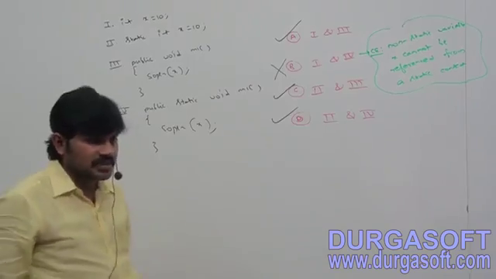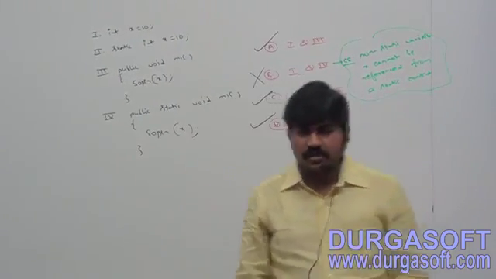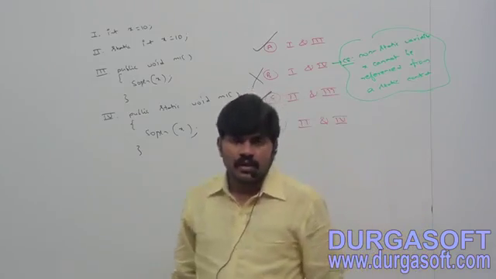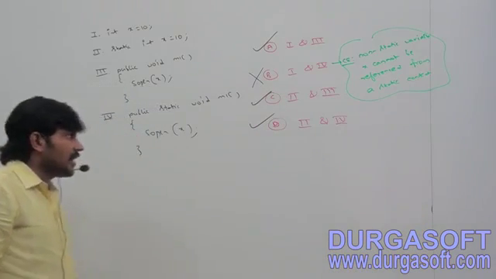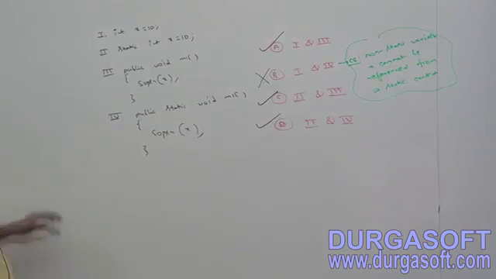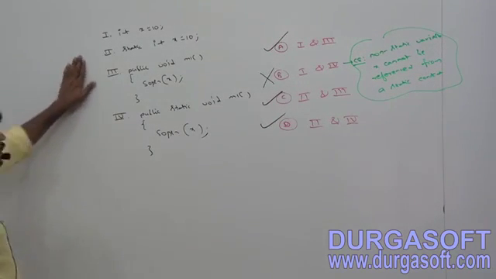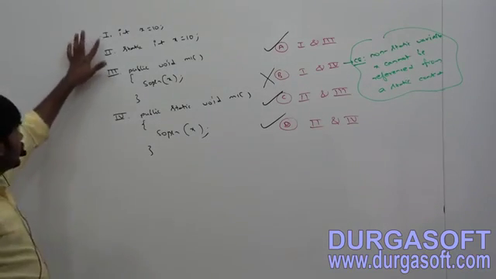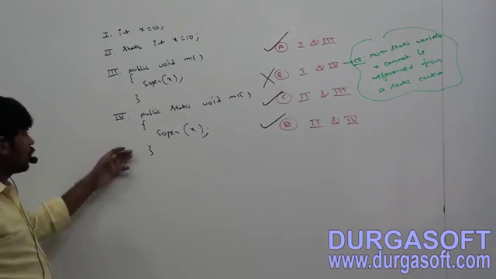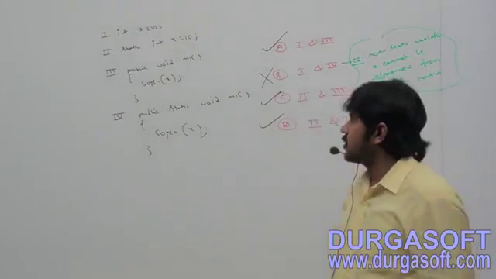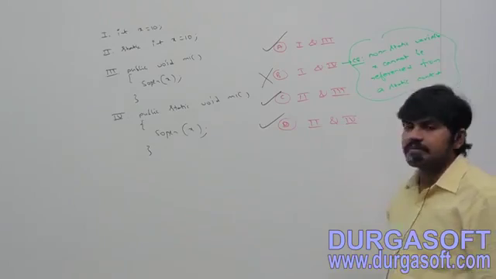Okay, take a bit style. Consider the following declarations. Take all these 4. Int x = 10. Next, static int x = 10.